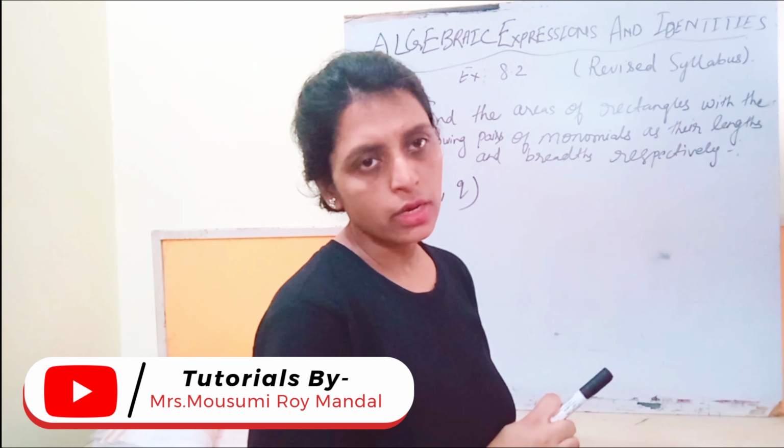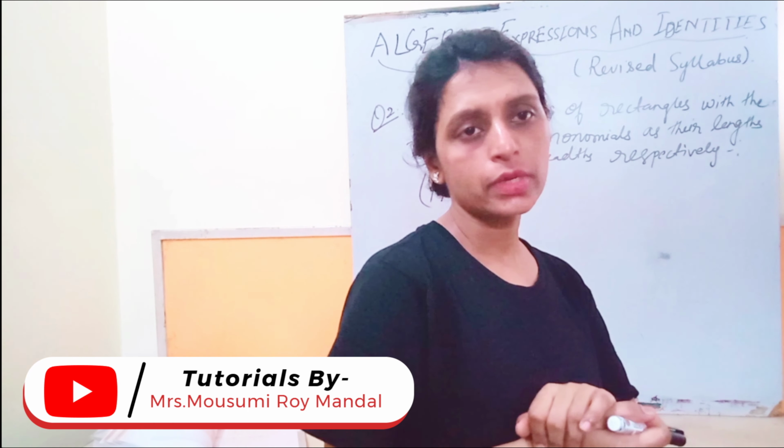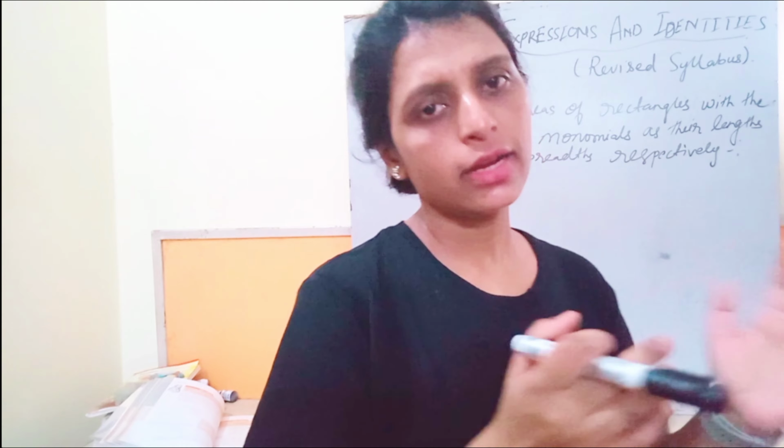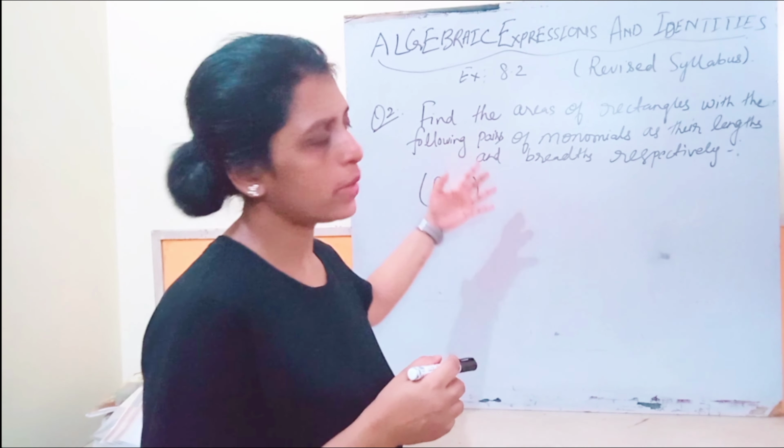Here we have to find out the area of a rectangle. You know, area of a rectangle is length into breadth. Here the length and breadth are both monomials and we have to find the area. So let's see how to do it.